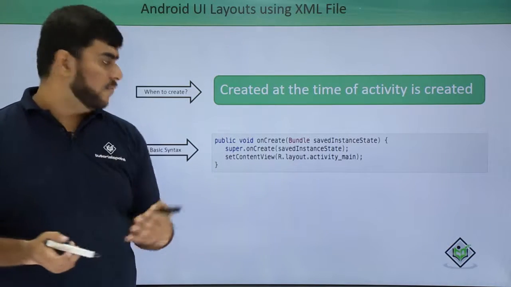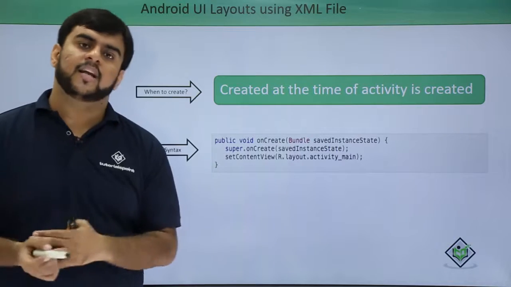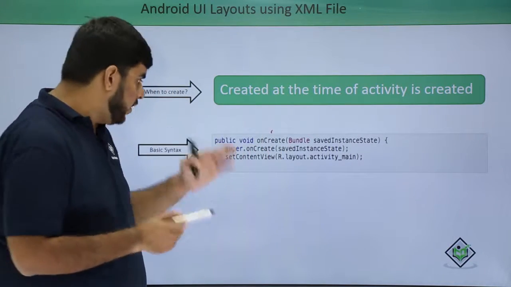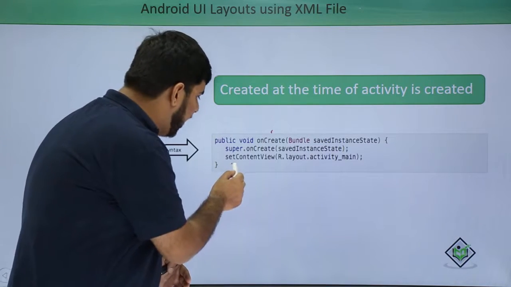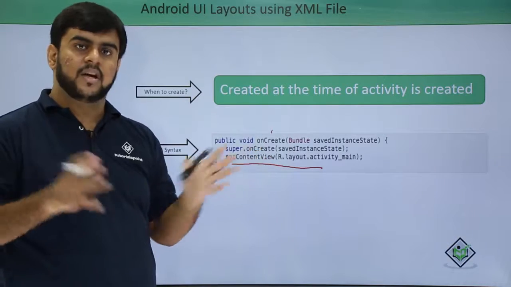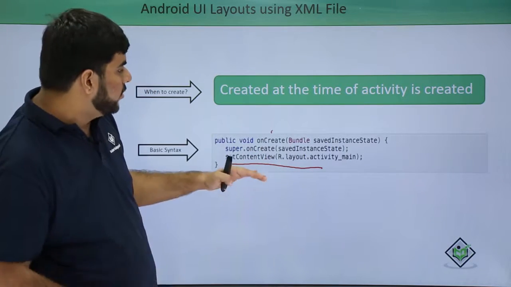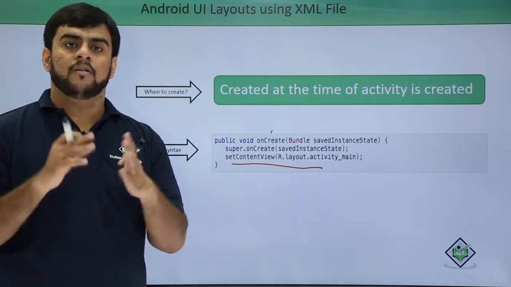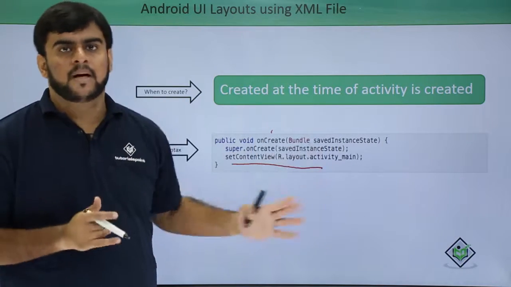After this, how do we use this XML file? Whenever we are creating an activity, we have a function named onCreate. This onCreate function has this particular syntax, in which we call setContentView. It's an inbuilt method of the Activity class. It returns void, and void means it returns nothing, but it has a parameter.